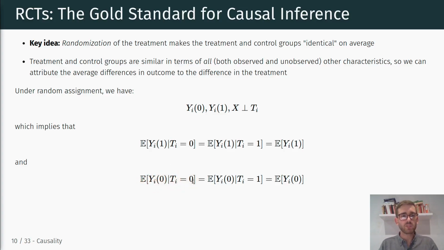And equivalently, we can say the same thing about the potential outcomes of the control. So the potential outcomes under the absence of the treatment are also equal, both conditional on the treatment assignment being equal to 0 and the treatment assignment being equal to 1.